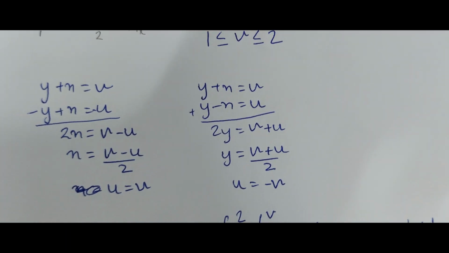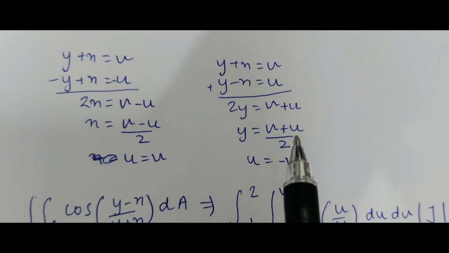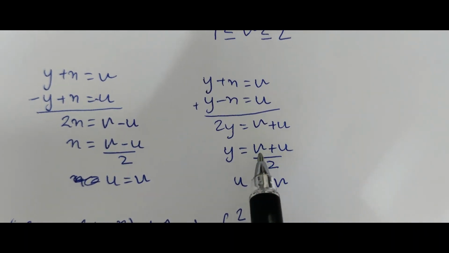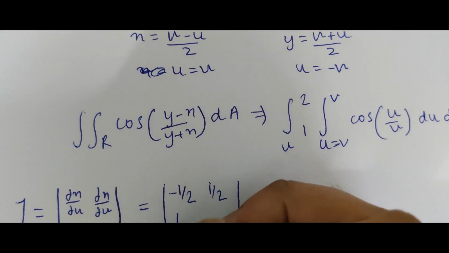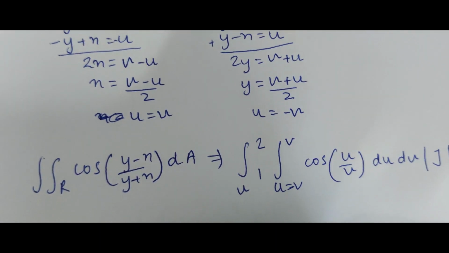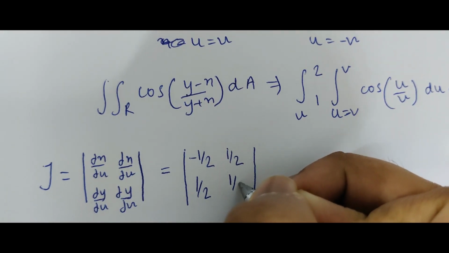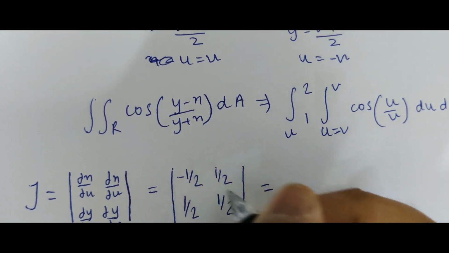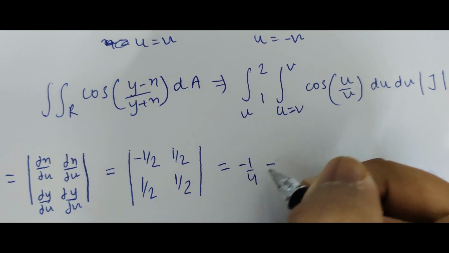and we'll use similar steps for y. For del y by del u, del v becomes constant, we take u, so this is half, and then again we do the same for del y by del v, which is again half, which when solved, it's negative 1 by 4.